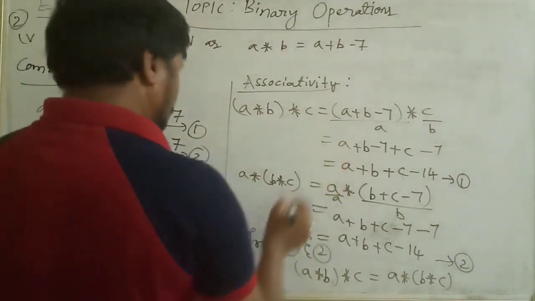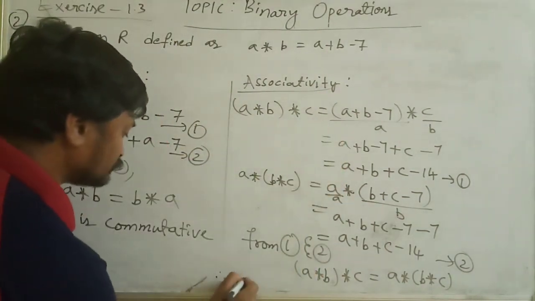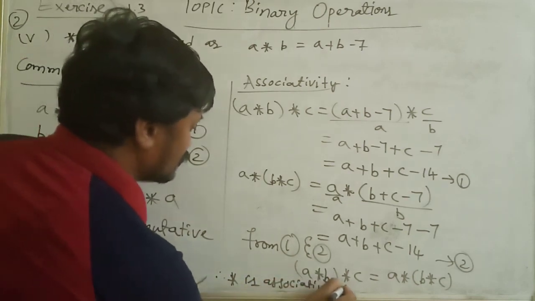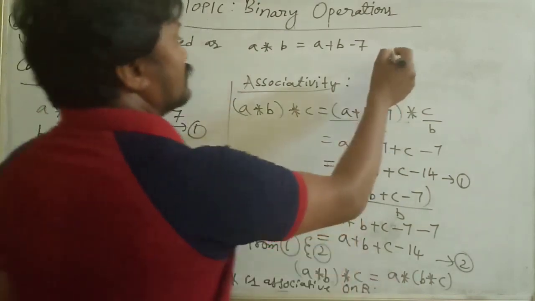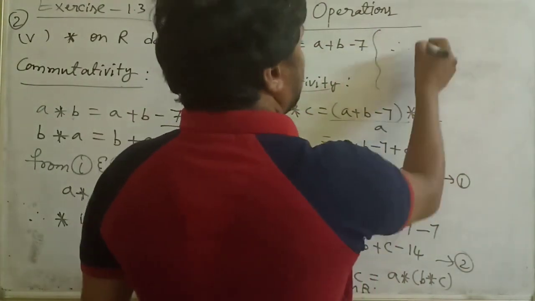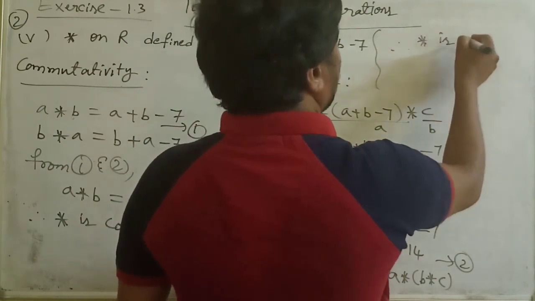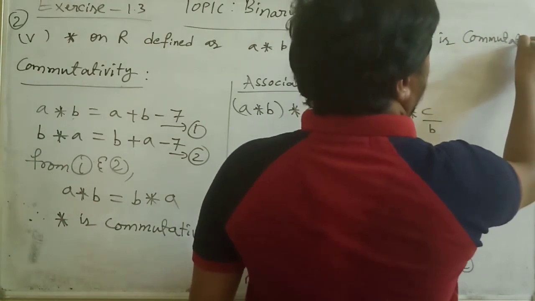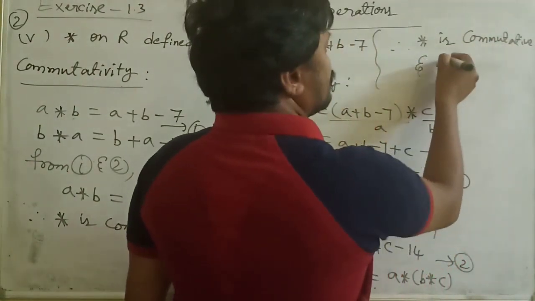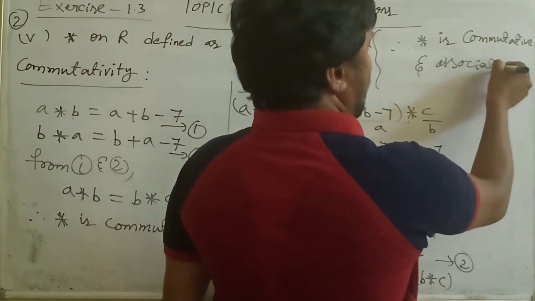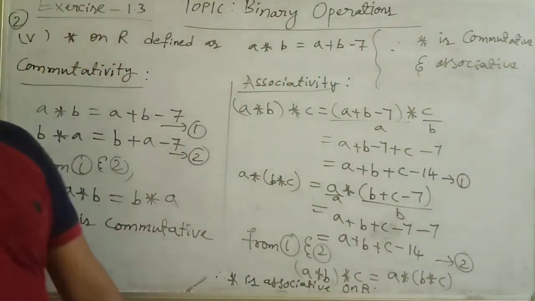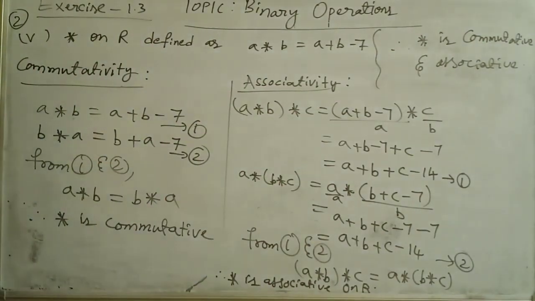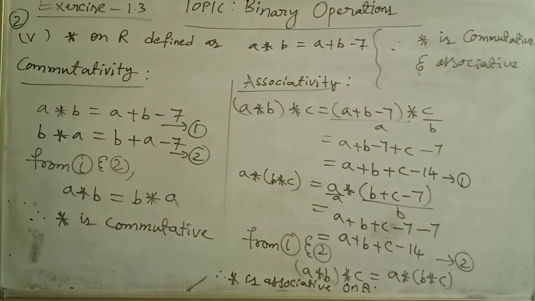So therefore star is associative on R. After that, last step, therefore star is commutative and associative. So star is commutative and associative. I hope you all understood this. Let's move on to the next.